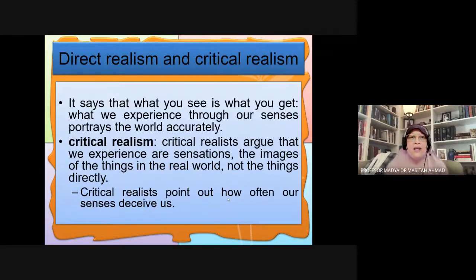Okay, and these are direct realism and critical realism. Direct realism says that what you see is what you get. So what we experience through our senses portrays the world accurately. Whatever we look at in our surroundings will also be related to our experience, because we have gone through it. And as I mentioned earlier, each of us will have a different experience.